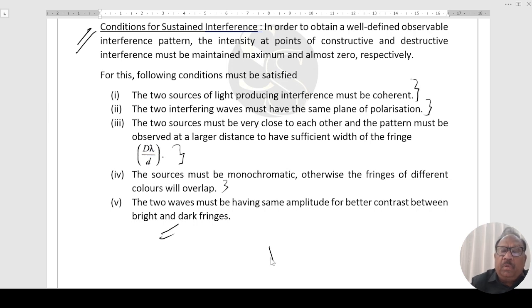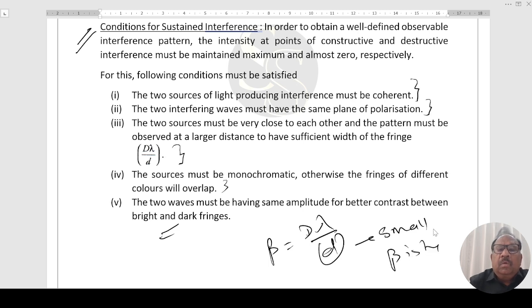These are the conditions because beta equal to D lambda over small d. In this case, the two sources must be close to each other. If d is small, beta is high. Two sources must be close to each other and the pattern must be observed at a larger distance to have sufficient width of the fringe, right?